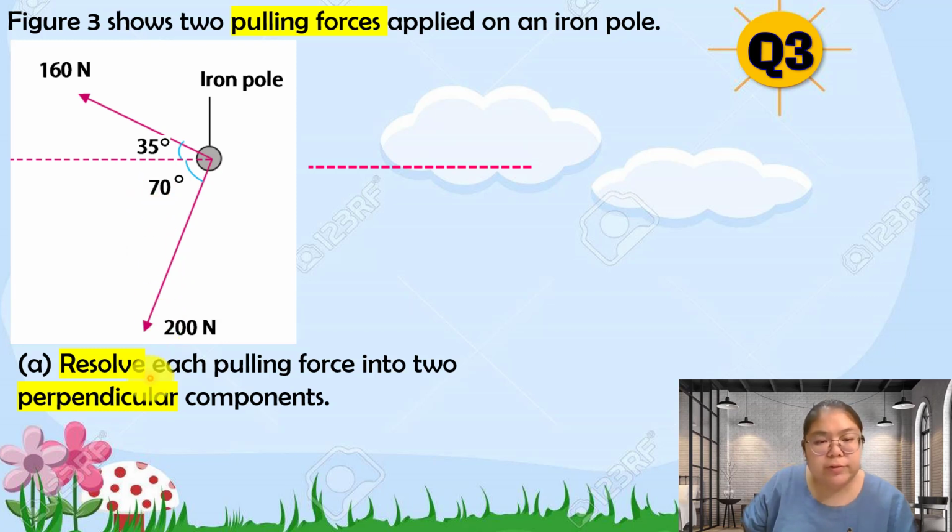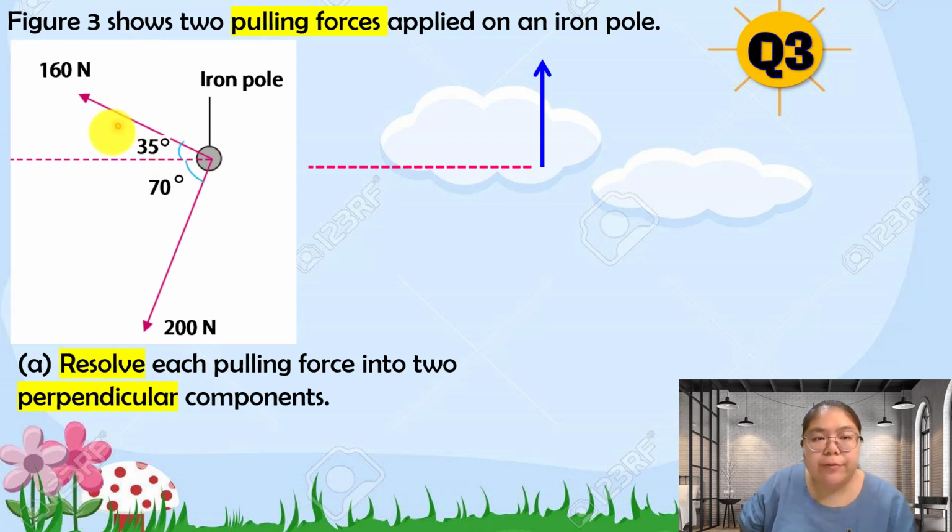So you need to resolve every pulling force into two perpendicular components. Now we have two forces. 160 you need to resolve, 200 you also need to resolve. Now we go to draw the simple part, how to resolve first. First one, we draw the Fy.